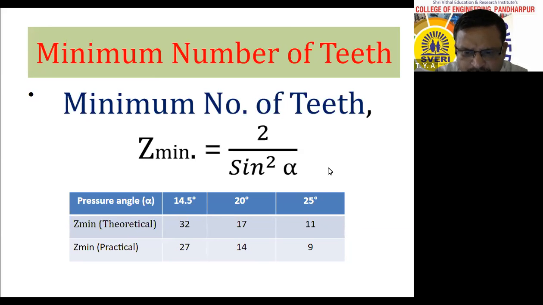Therefore, this minimum number of teeth on the pinion is always required to avoid interference, since we have considered the gear tooth as a cantilever beam, whose one end is fixed and the other end is free, and at the free end the tangential force acts, due to which the gear rotates. Therefore, this is nothing but the minimum number of teeth.